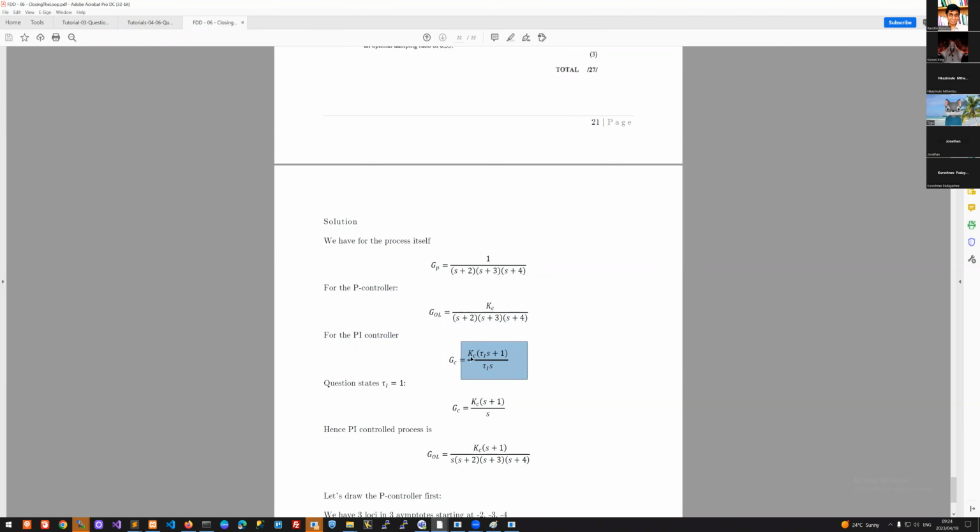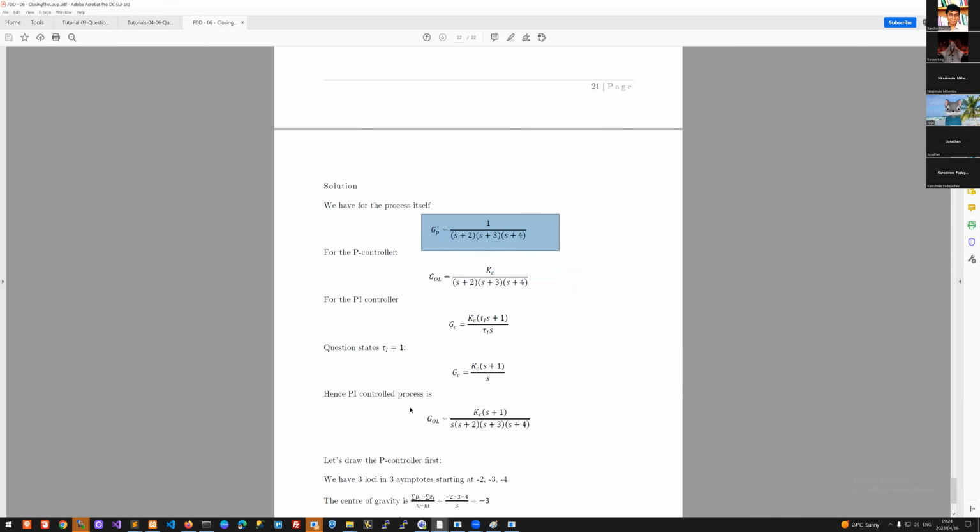If you look in the notes, we do derive for a PI controller what the transformation looks like. So we have to multiply the controller by the process transfer function. And so it looks like this, right? Kc times S plus 1 divided by S, so that 1 over S comes from the controller, and then the process itself contributes this part.